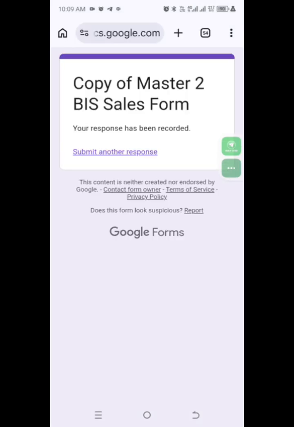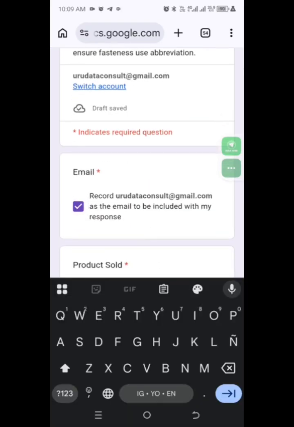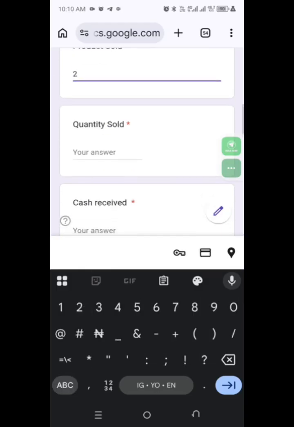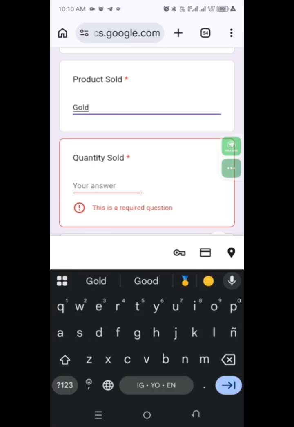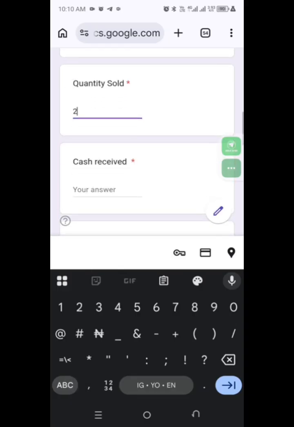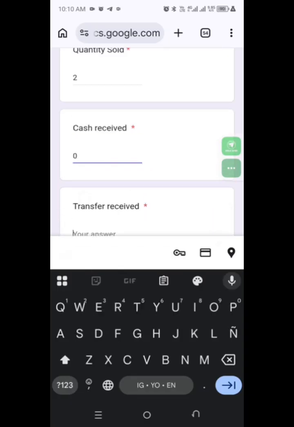So we click here to sell another Golden Moon. The product is Golden Moon cereal. Our quantity sold is 2. Our cash received is 0, transfer received 0.